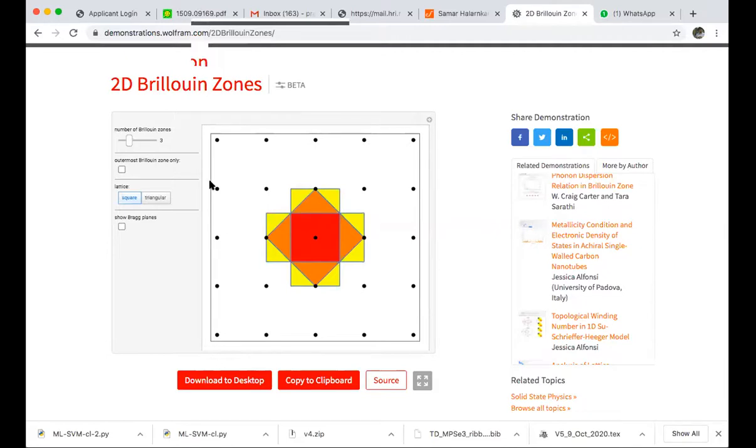So what we have here is a square lattice in 2D, and things are best explained in 2D because 3D will be very complicated. So suppose we have a square lattice in 2D. So the reciprocal lattice would also be a square lattice. If the square lattice has sides a, the reciprocal lattice will have sides 2π/a. So suppose this is the origin of my reciprocal space. This is a reciprocal lattice vector from here to here that would have length 2π/a. This is also length 2π/a, and so on.